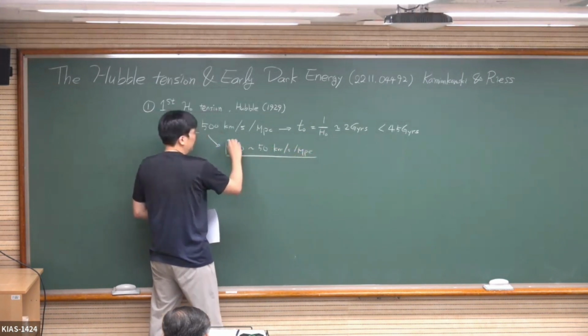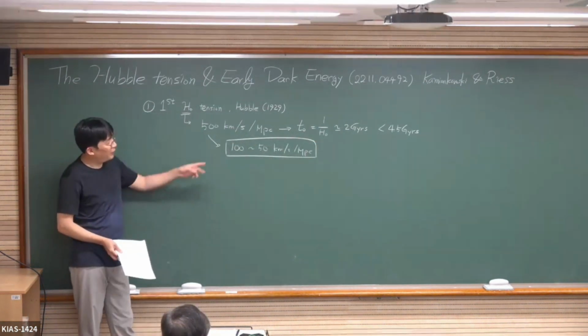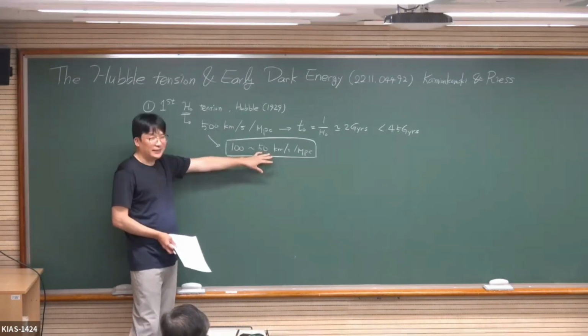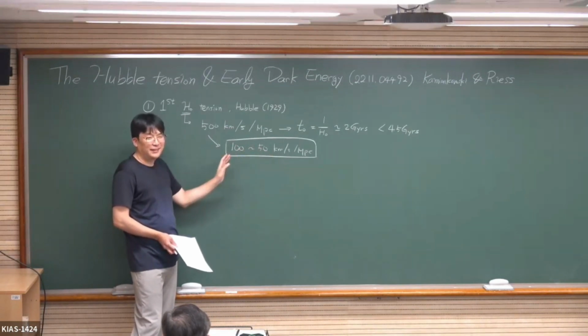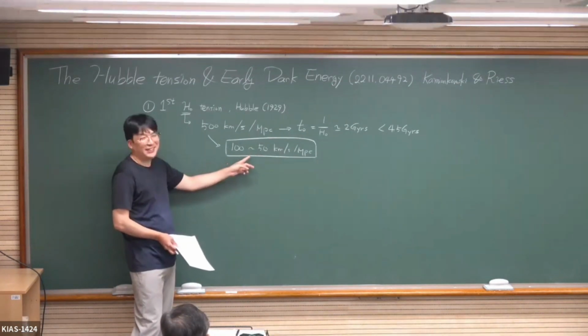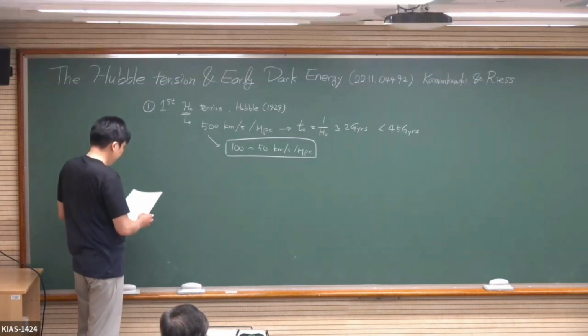You know the story about this too, right? The 100 was advocated by de Vaucouleurs and his company, and the 50 by Sandage and his company, and they never agreed with each other. One thing they agreed on is that it cannot be 75. That's a fun thing, that now we have something close to 75.